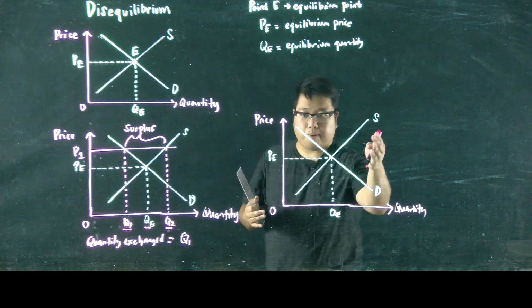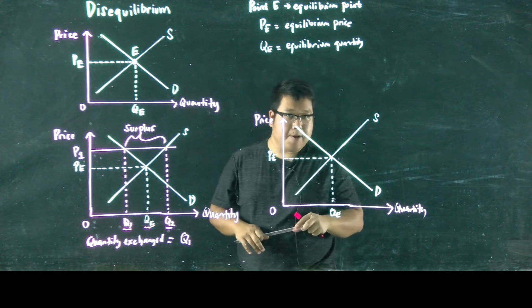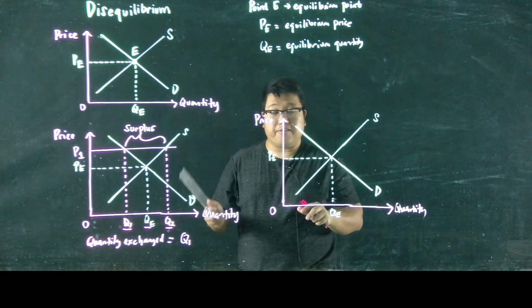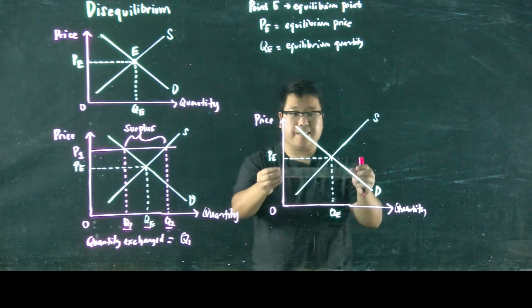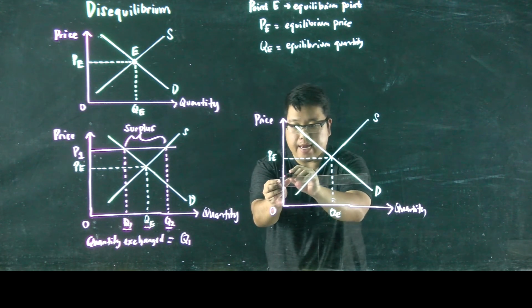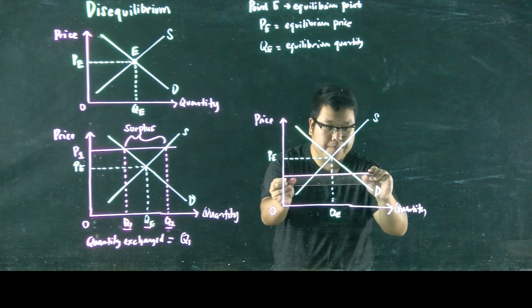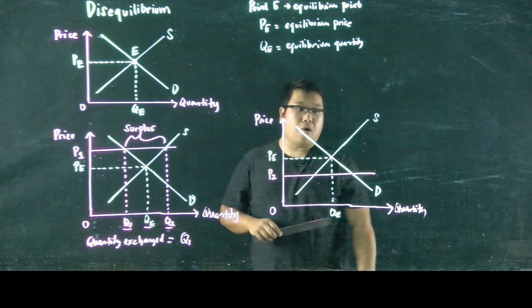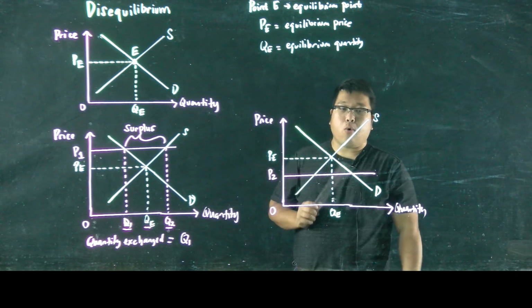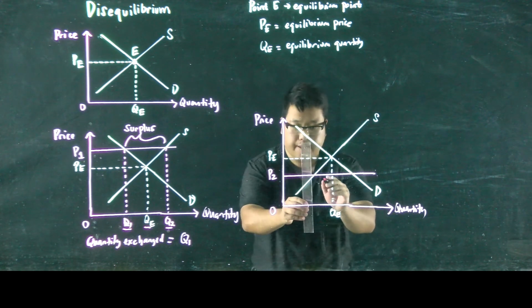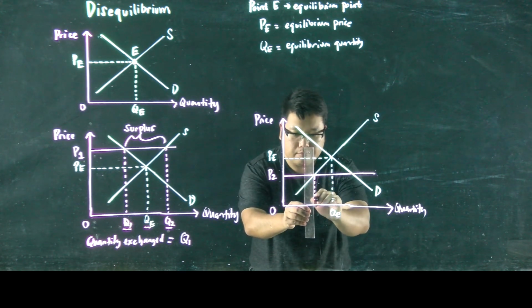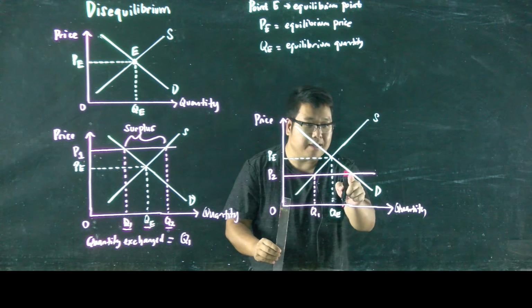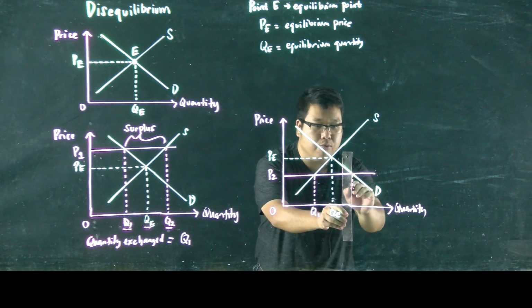Again, you have demand and supply, with the equilibrium price at PE, and the disequilibrium price is below PE, so let's say around here. I will call this P2. At P2, quantity supplied is Q1 and quantity demanded is Q2.